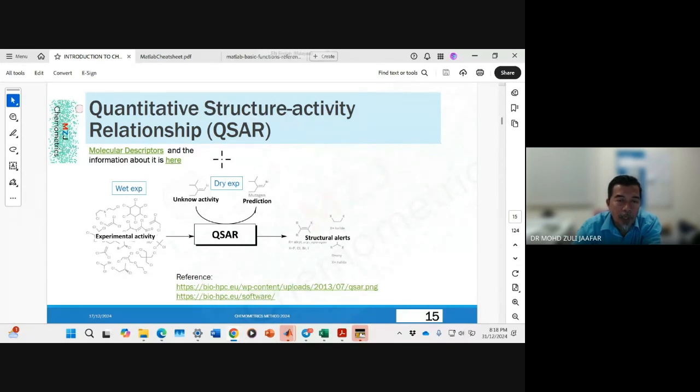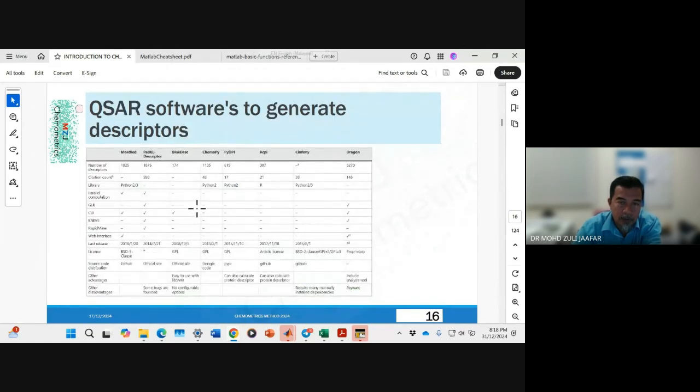So 1 and 4 is called a descriptor, or molecular weight as a descriptor. There are a lot number of softwares that can be used to generate molecular descriptor. I put it here. You can Google or you can ask ChatGPT, Copilot, if you want to know more what is molecular descriptor.